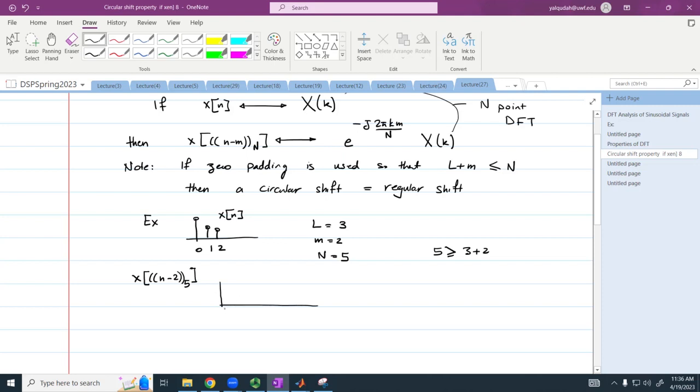I'm going to shift the signal by 2, so therefore I'm going to have the signal looking something like this. Anything beyond the 4, I'm going to take it and shift it back, but there is nothing beyond the 4. So this becomes similar to the linear shift.